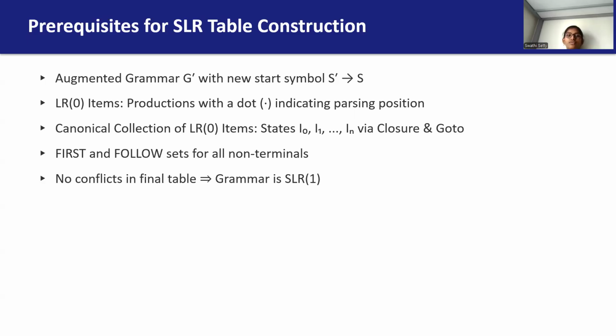Next we have to compute first and follow of all the non-terminals involved in that grammar. And next we say the grammar is SLR(1) if there is no conflict in the final table.